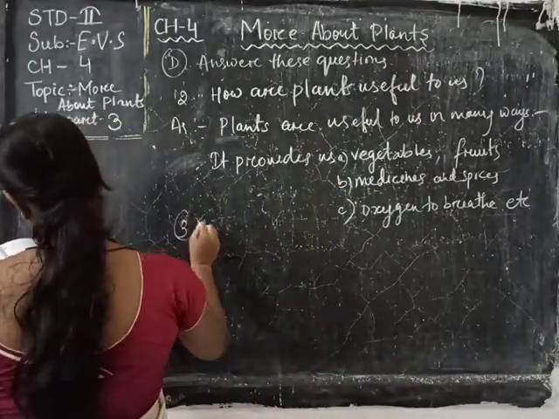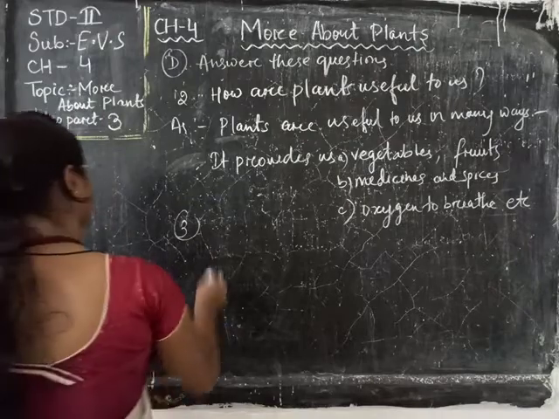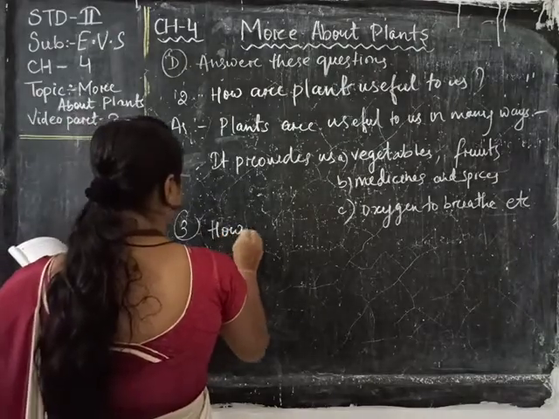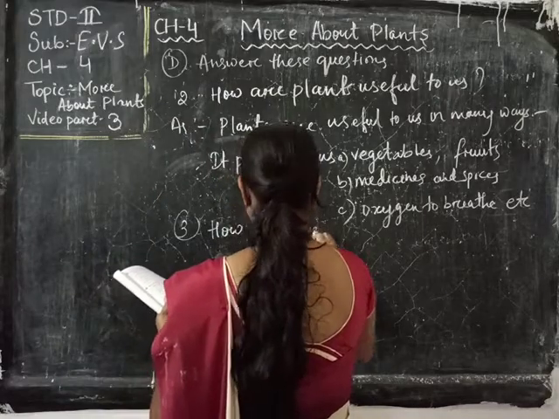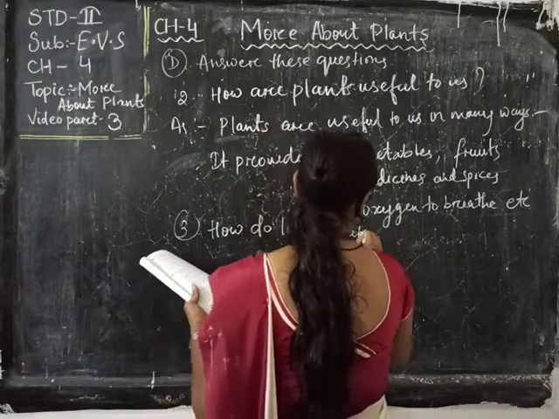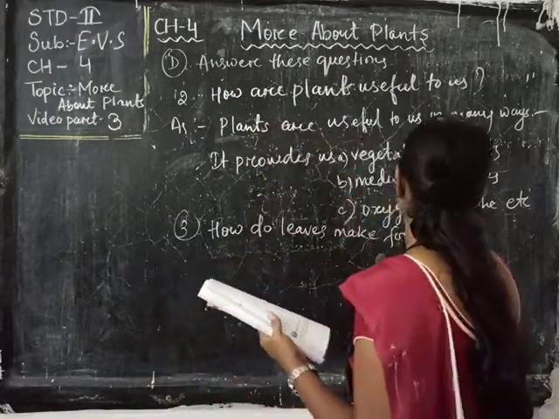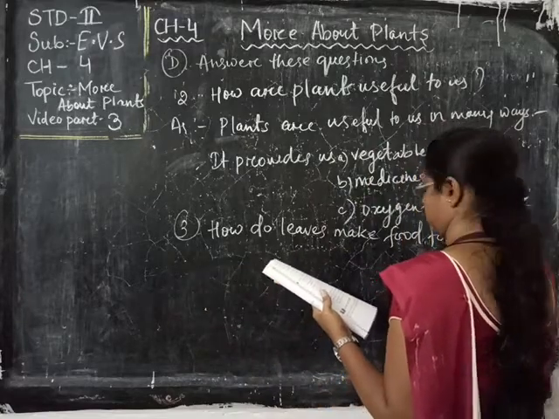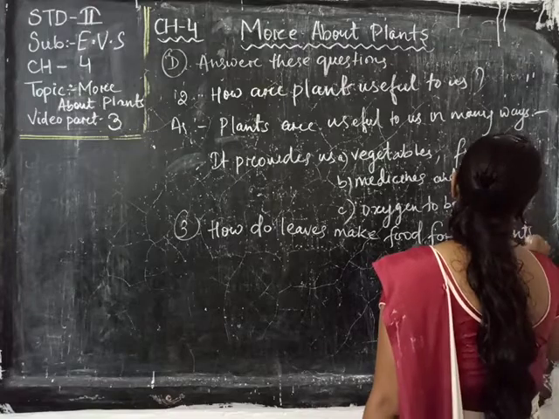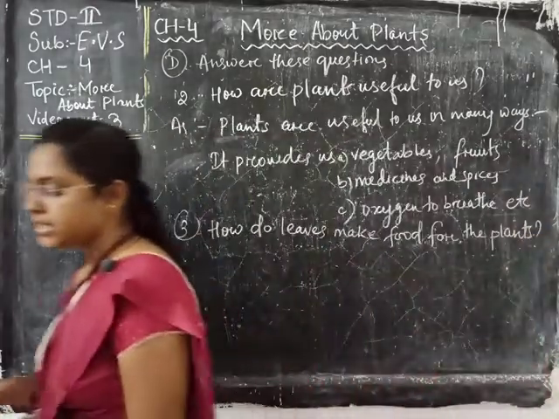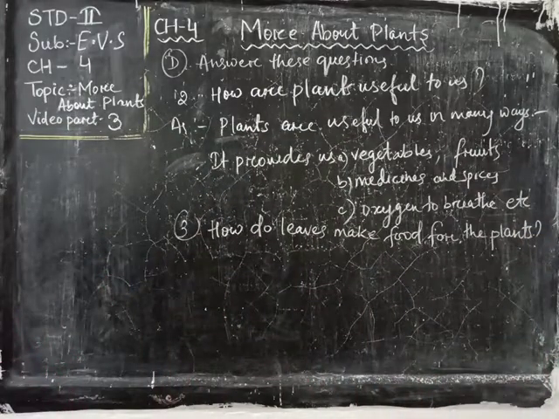Then number 3 is given: how do leaves make food for the plant? Tell me how they make food for the plant.